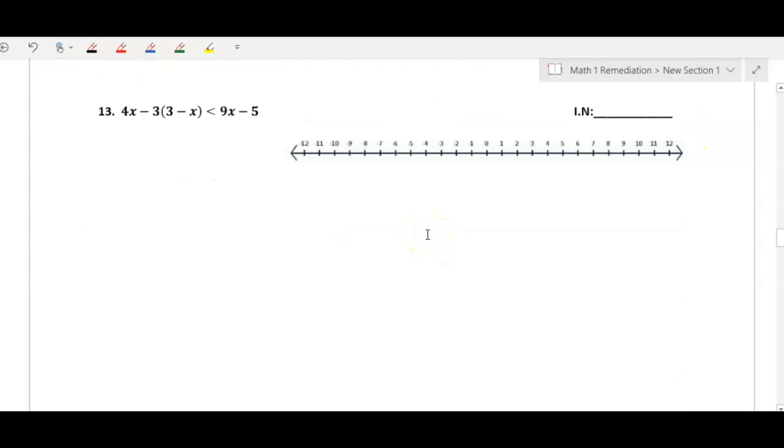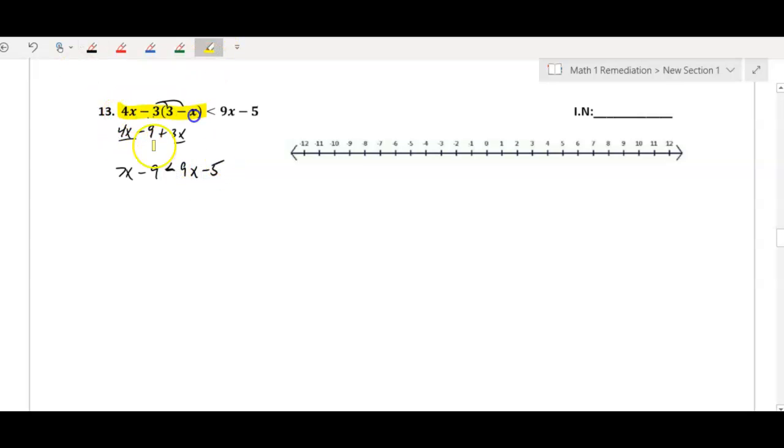And the last one here. To solve this, I simplify the left side first. 4x minus 9 plus 3x. Remember, when I distribute, negative 3 times 3 is negative 9. Negative 3 times negative x is 3x. Combine like terms, I get 7x minus 9 is less than 9x minus 5.